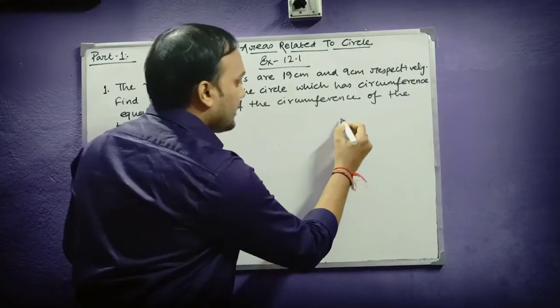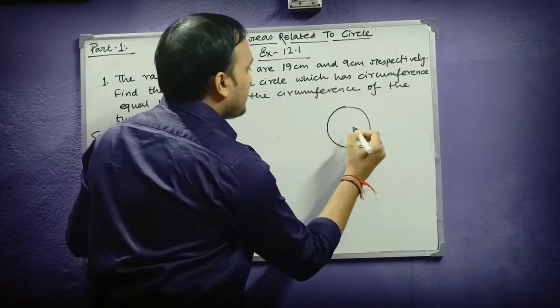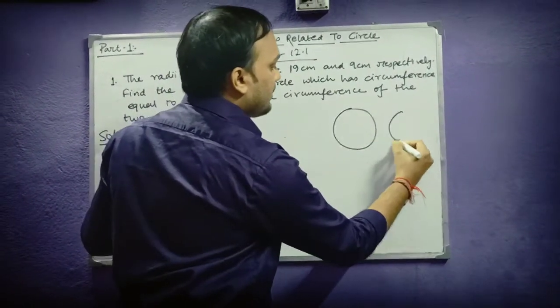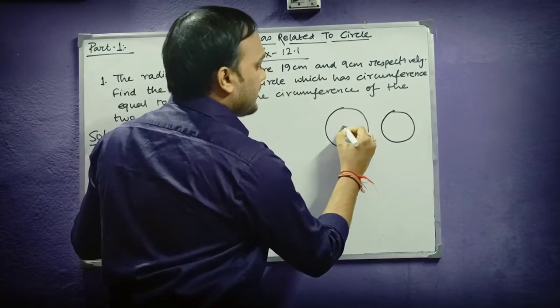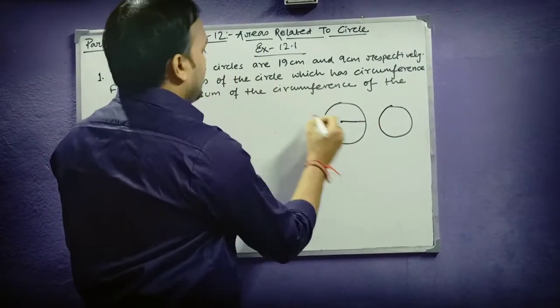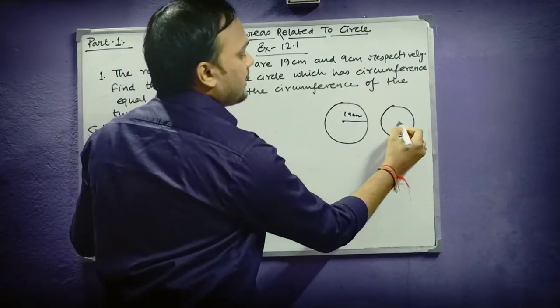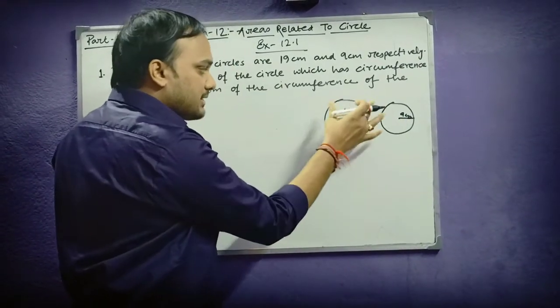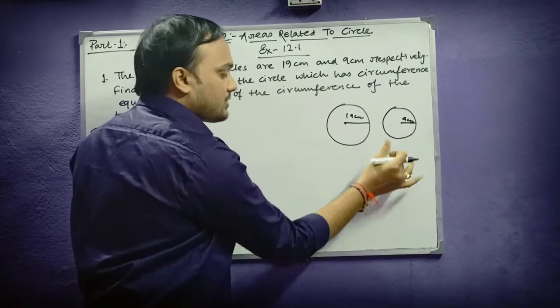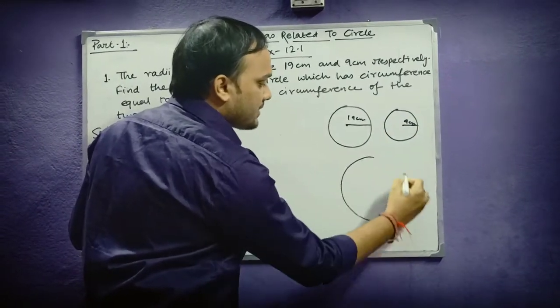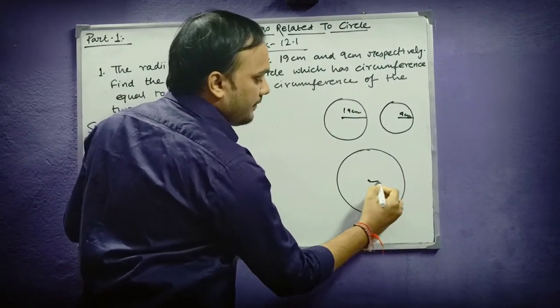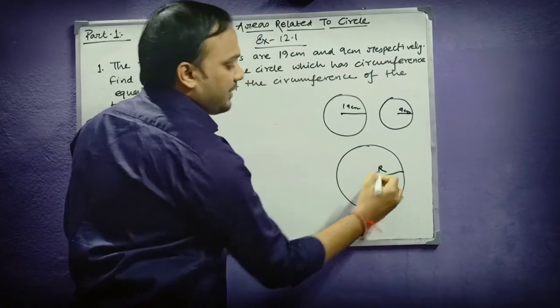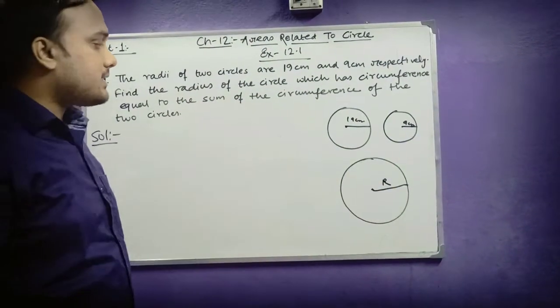One circle has a radius of 19 centimeter and the other has a radius of 9 centimeter, and the sum of their circumferences is equal to the circumference of the other circle with radius, suppose, capital R. We need to find the radius capital R.